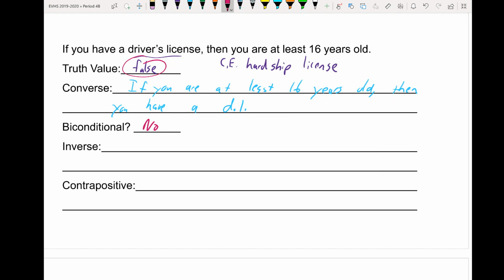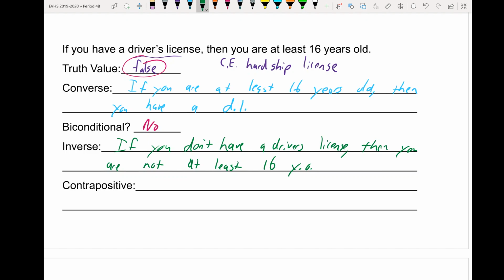Inverse. If you don't have a driver's license, then you are not at least 16 years old. Okay, what was the question? All right, never mind.